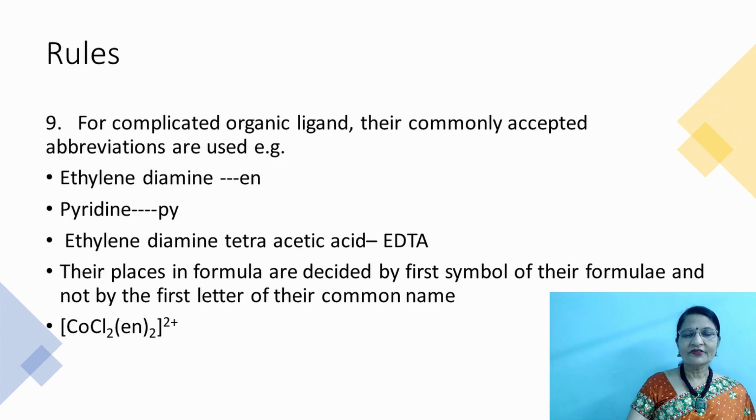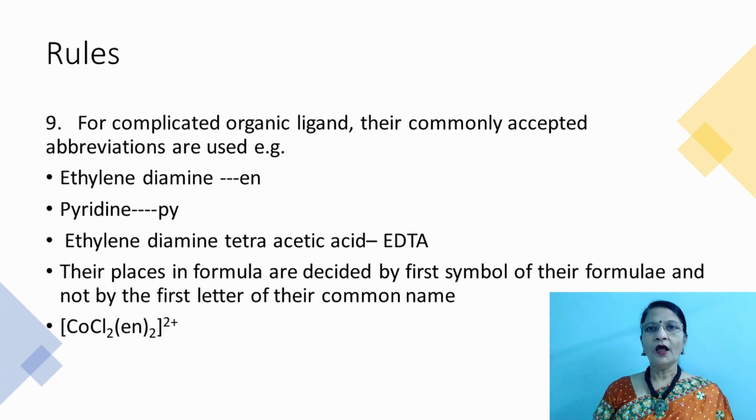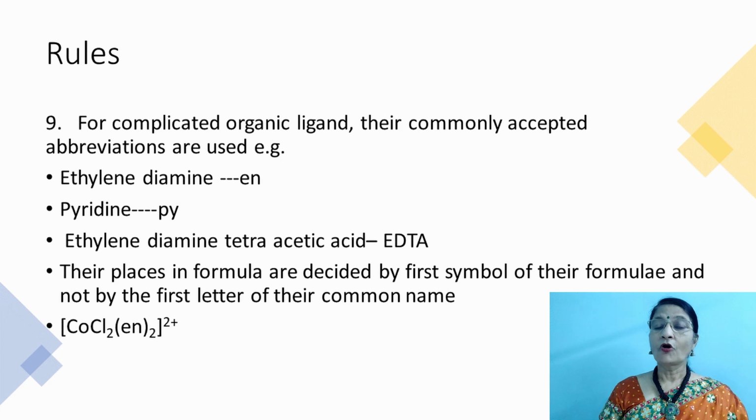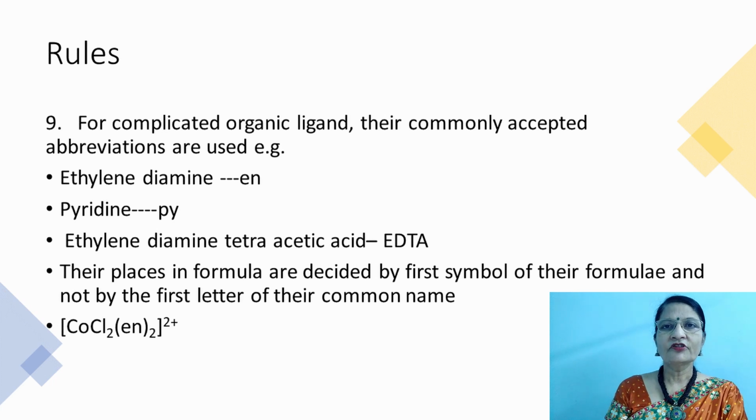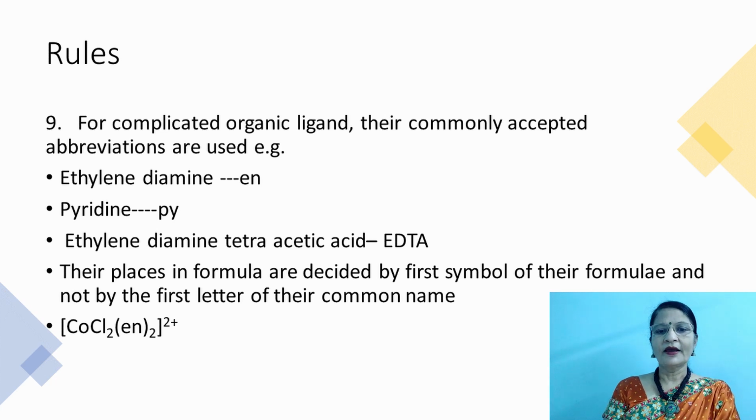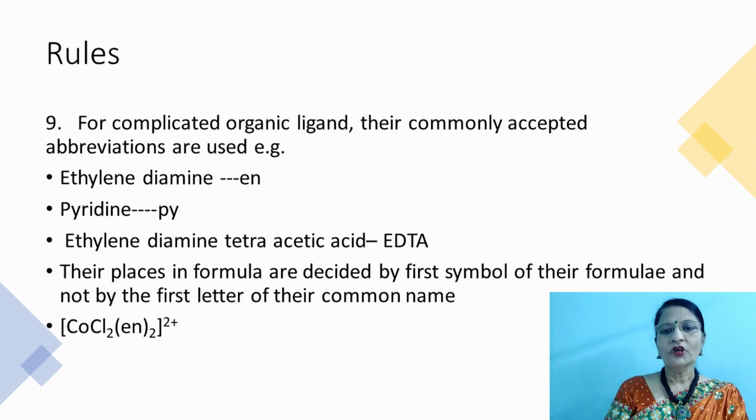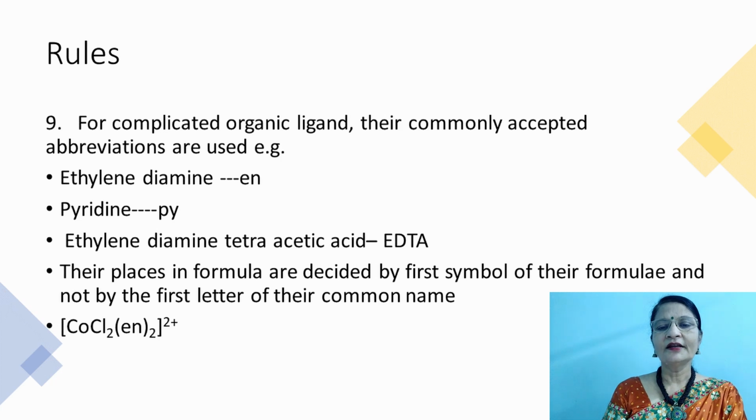But in some cases there may be a complicated ligand or complicated organic ligand, and in that case generally abbreviations are used. For example, for ethylenediamine, the abbreviation en is used. In case of pyridine, py is used. In case of ethylenediaminetetraacetic acid, EDTA is used.